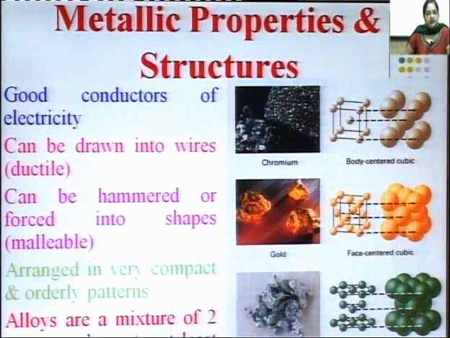Metallic properties and structures: they are good conductors of electricity; they can be drawn into wires, meaning ductile; they can be hammered or forced into shapes, malleable, arranged in very compact and orderly patterns. Alloys are mixtures of two or more elements, at least one of which is a metal.